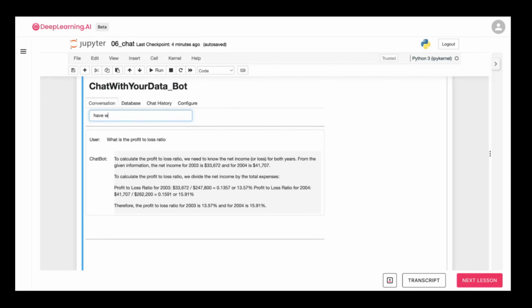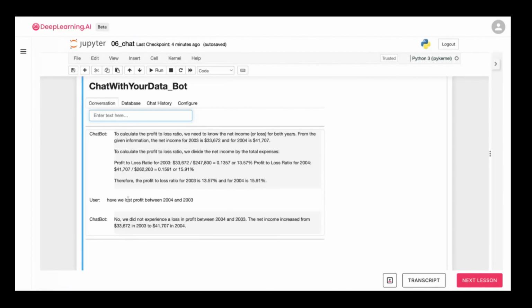Okay, maybe, have we lost profit in 2004 and 2003? No, we did not experience a loss in profit between 2004 and 2003. The net income increased from 33 to 41,000.